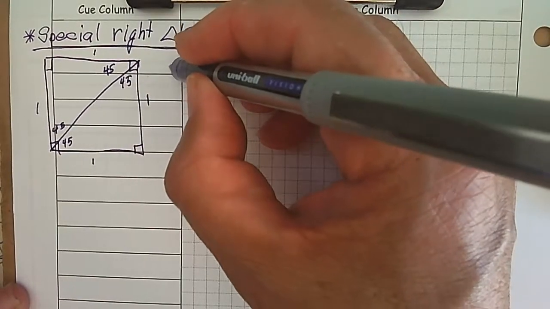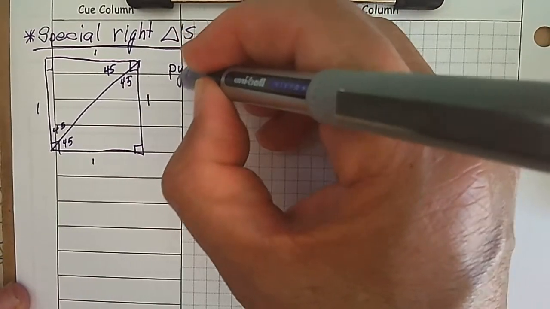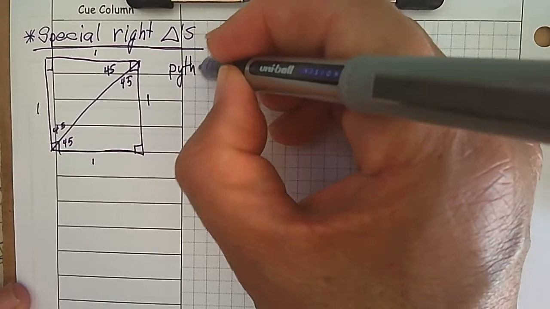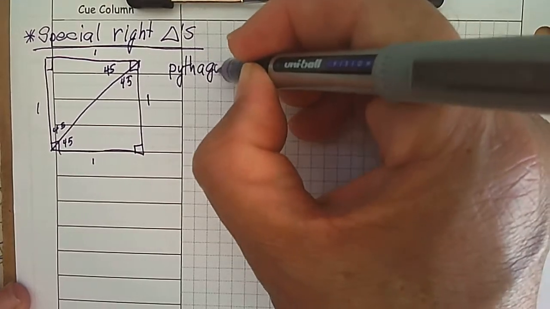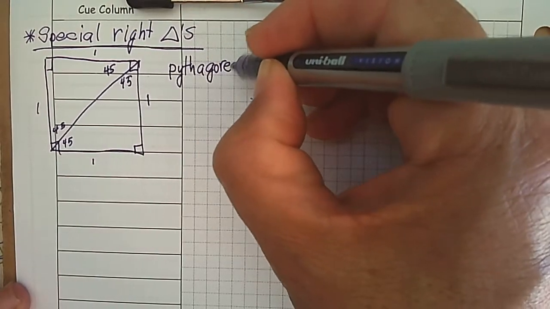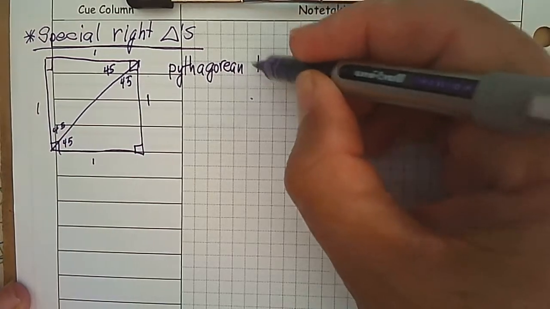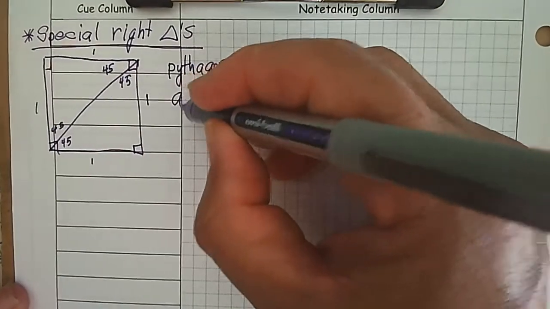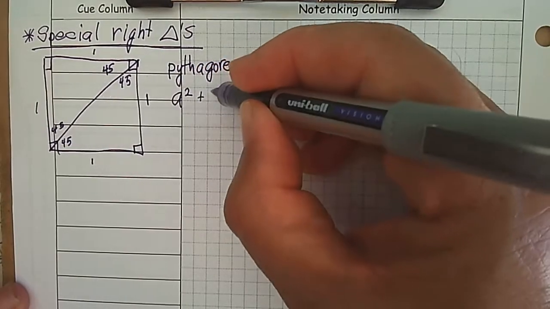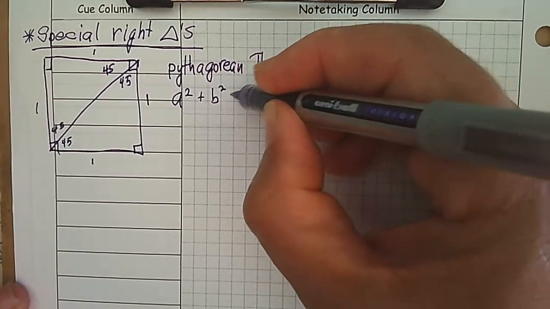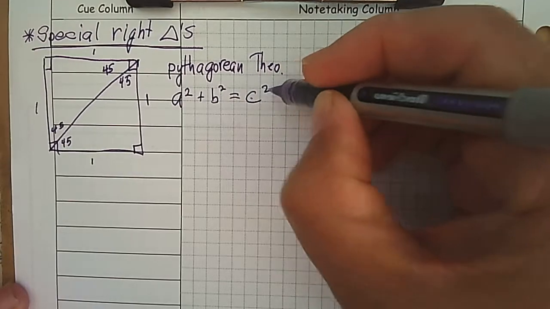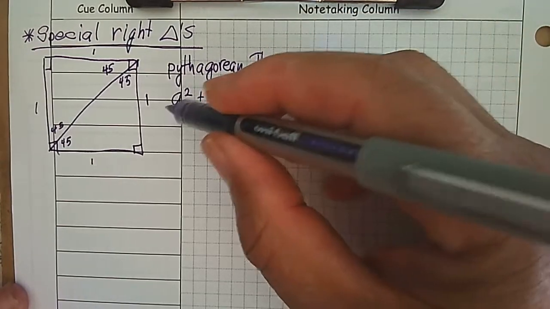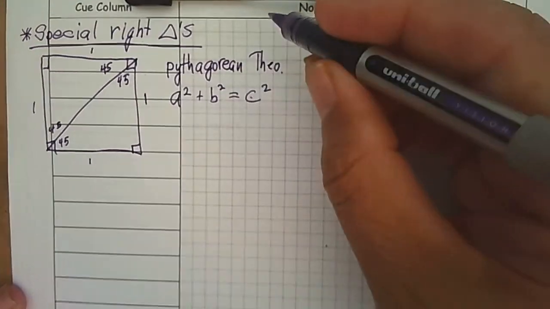So, if you use the Pythagorean theorem, that says that a squared plus b squared is equal to c squared. Remember, a and b are the legs, and c will be the hypotenuse.